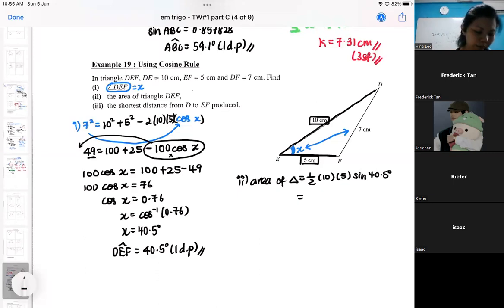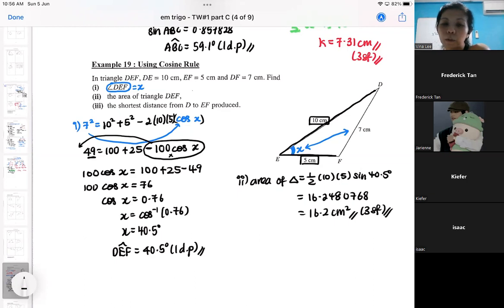I will try to preserve so that I don't get marks deducted. And usually I'll write a lot of decimal places for my area because in the next part, I need the shortest distance.